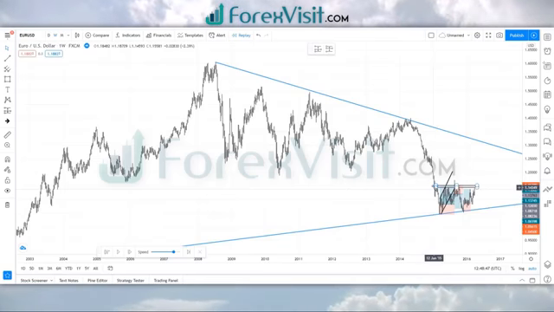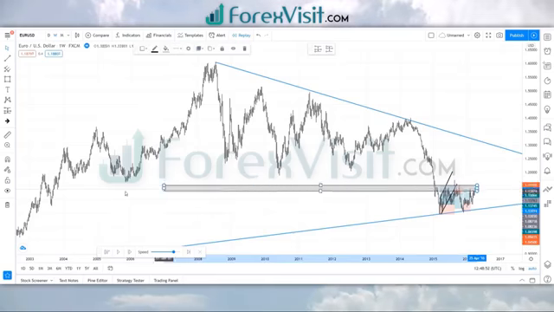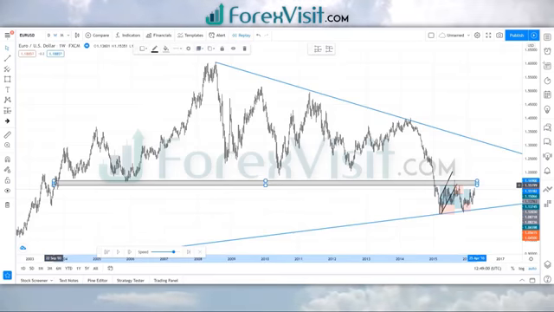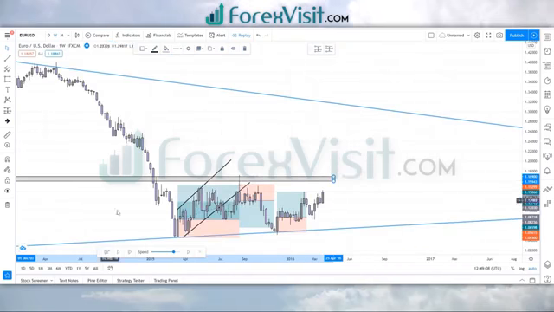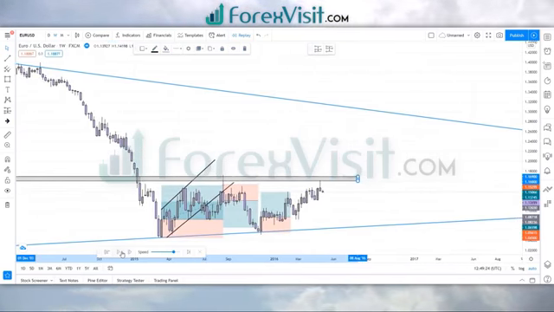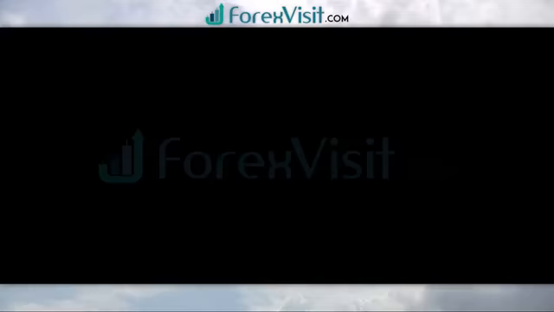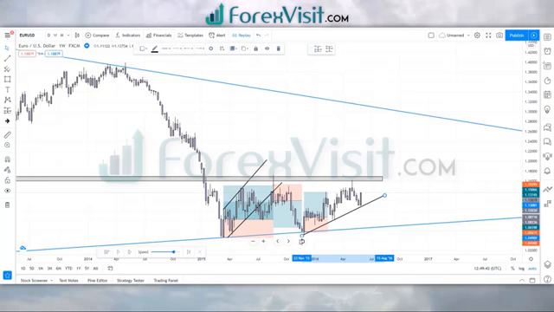Now it's time to draw the zone area to know the market's next movements. Here we need to draw one more trendline channel for extra confirmation.